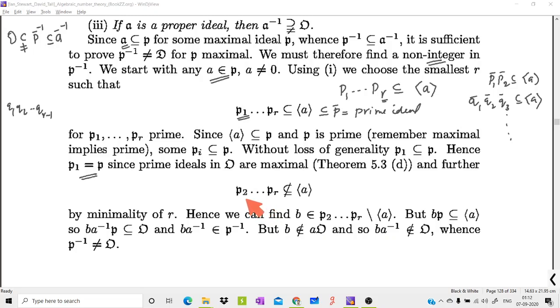So we can say that P2 etc. PR is not contained in A. This is because R is the minimum value.